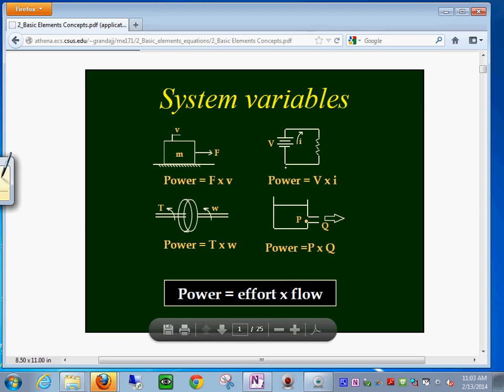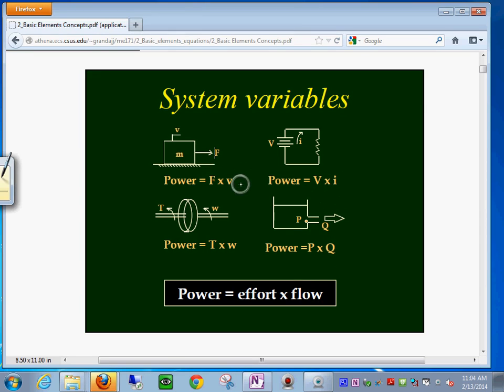Those are in the same family of variables. But being in the same family of variables implies also that the volume flow rate, the current here, the velocity, and the angular velocity belong to another family, a different type of variable.